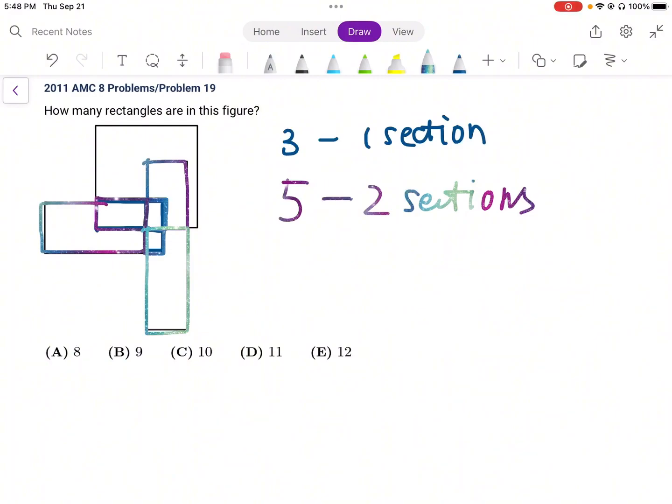And for rectangles composed of 4 sections, we will have 1, 2, and 3.